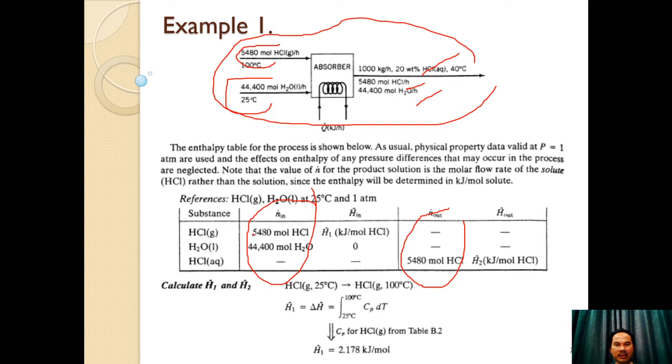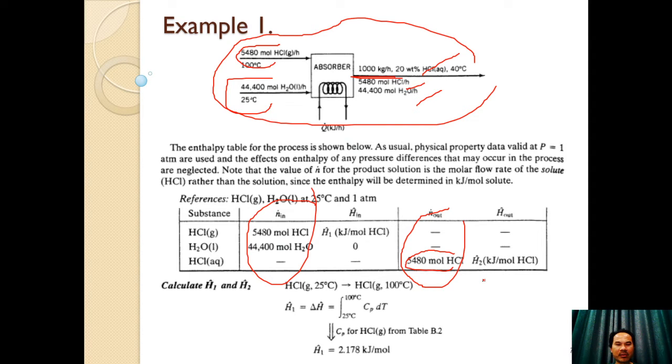You get this unknown amount and H1 for HCl gas, and water's is 0 since it is the reference. In the output we get HCl aqueous solution. You state only one HCl aqueous solution, HCl in the aqueous solution with this amount, and H2, kilojoule per mole of HCl.